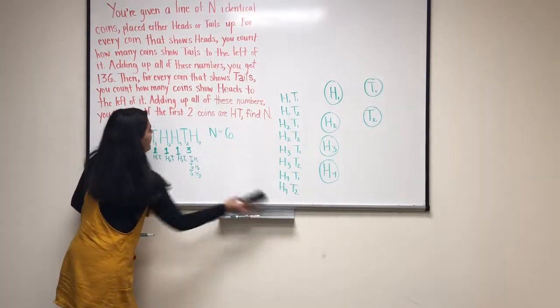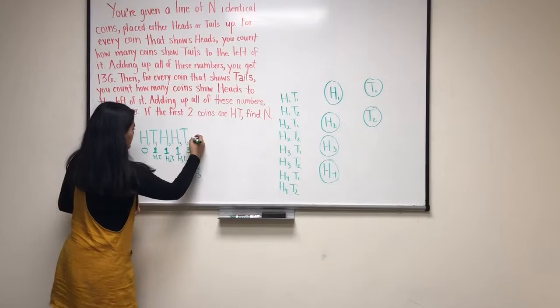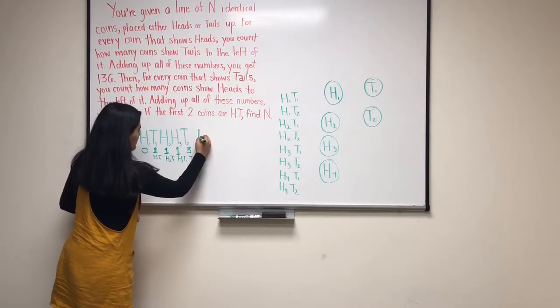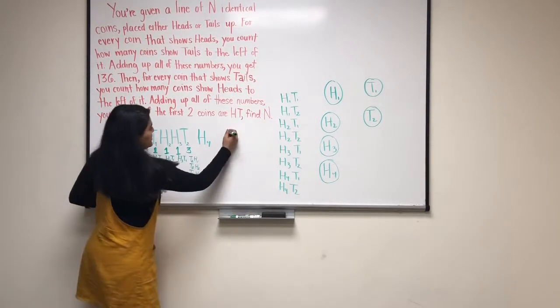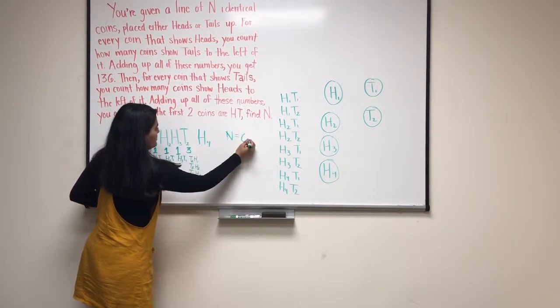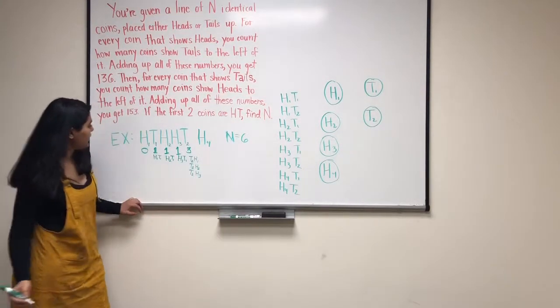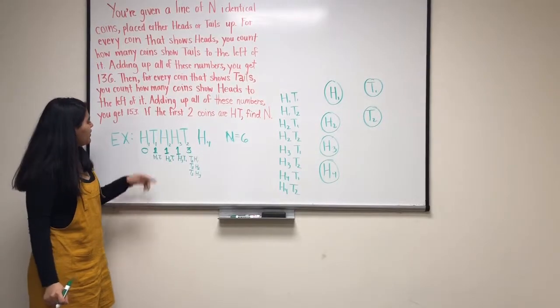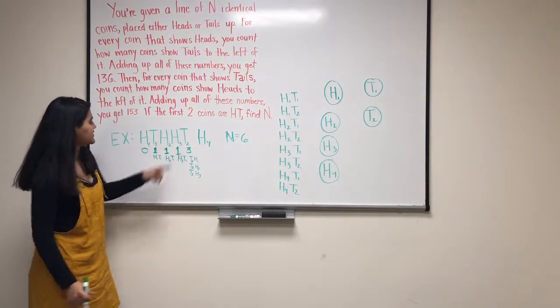I'm just going to spread this out so it doesn't get too messy. And my N is 6. Doing the same thing for H4, I have 2 tails to the left of it, specifically T1 and T2.